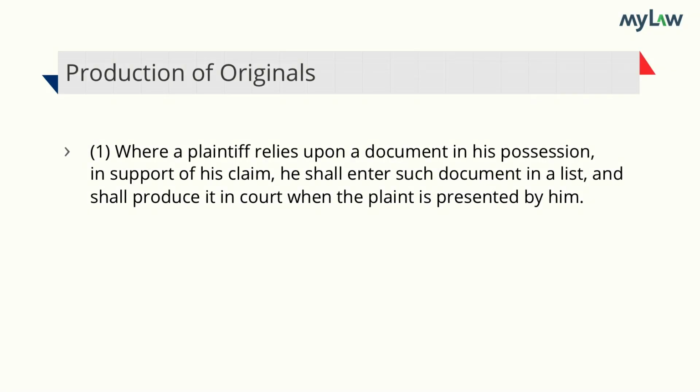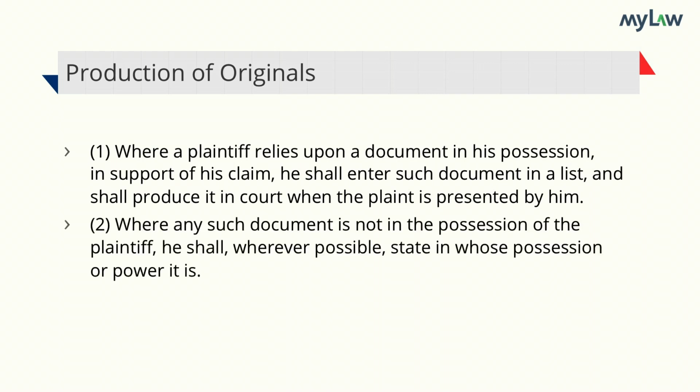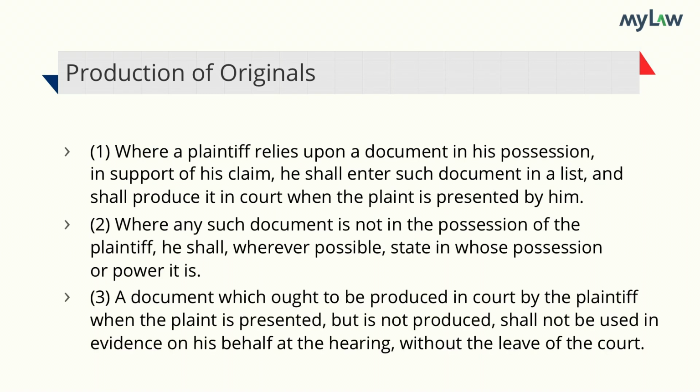The Code of Civil Procedure requires that the plaintiff produce all documents in his possession at the time of filing the plaint document, or state that he does not have the document at that time in his possession, if that be the case. Failure to do so renders him ineligible from producing the document at a later stage.